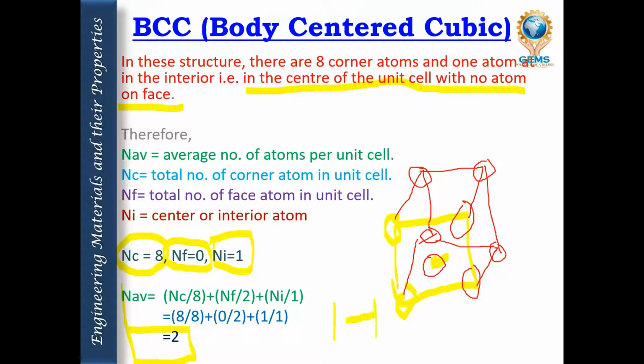So 1 plus 1 is equal to 2. So basically the body centered cubic system has only 2 atoms. That is, the average number of atoms per unit cell is 2. That means in a unit cell only 2 atoms will be present.